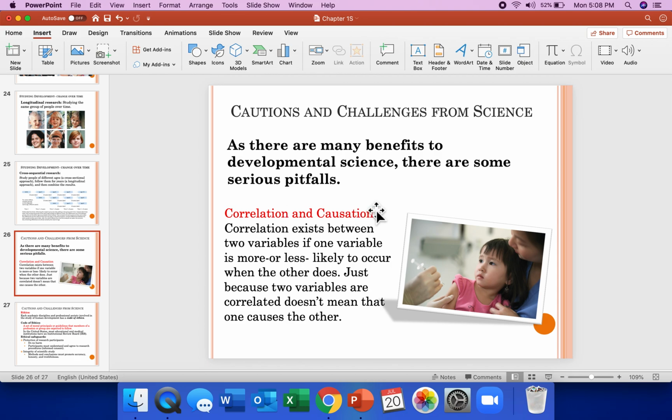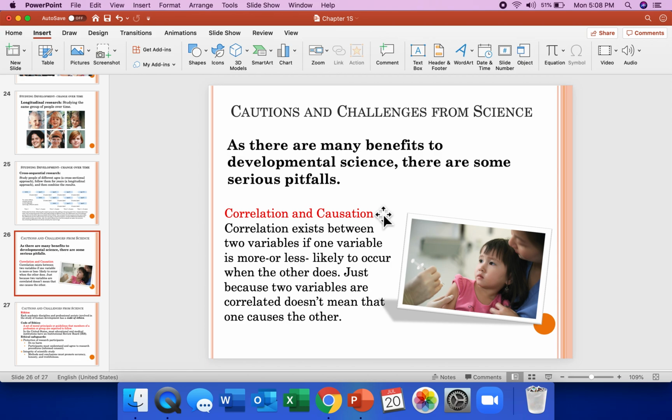Now, of course, as there are benefits to developmental science, there are always some pitfalls that we want to keep away from and be cautious about. And this is very important when we talk about not falling into the trap of confusing correlation and causation.